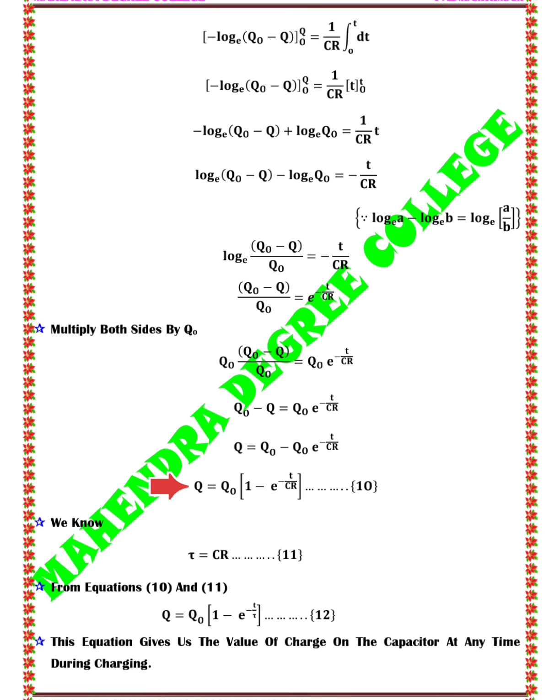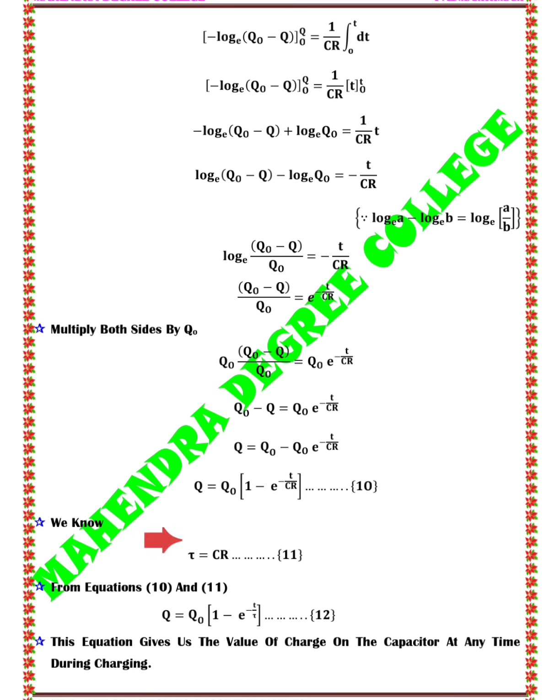We get Q equals Q naught into 1 minus e power minus t by CR. This is the equation number 10. This gives the standard form of the capacitor charging equation.